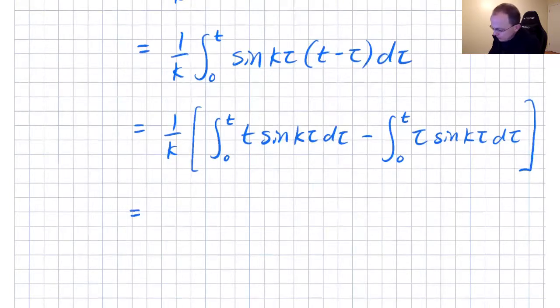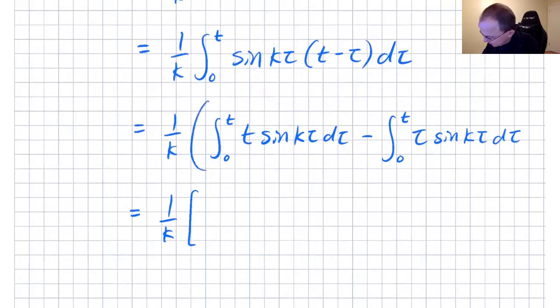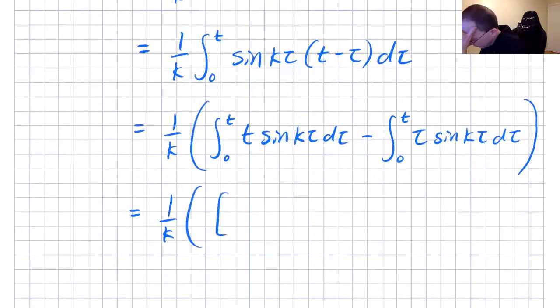So let's do this first integral. This will be quite straightforward to do. So this is going to be, let's see, maybe I'll put parentheses here. And then I'll use brackets here. Okay, so let's do this integral.